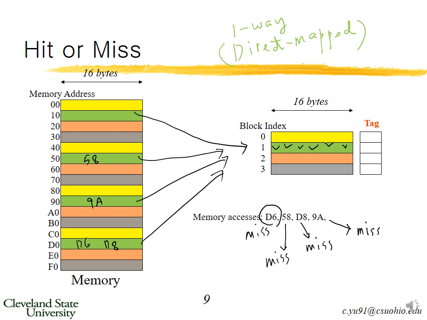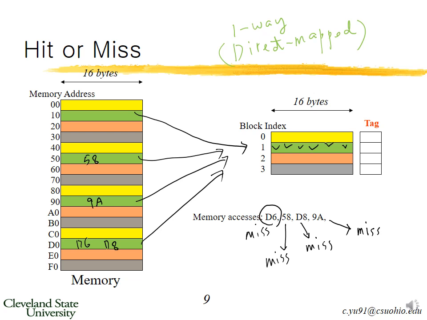So the recently accommodated D6 block has been replaced with the 58 block. And unfortunately, the next memory access is D8, which has just been eliminated from the cache. So the first 3 memory accesses are all cache misses, although D6 and D8 are in the same neighborhood.